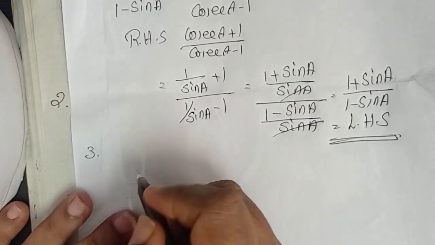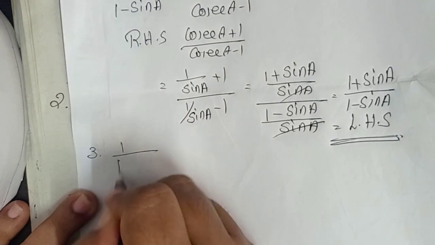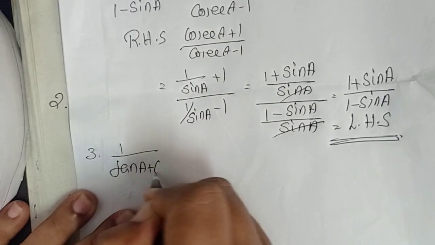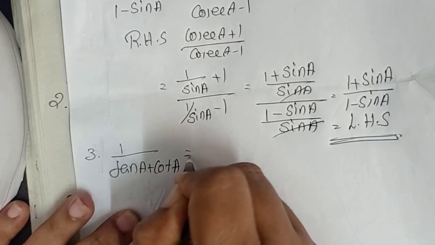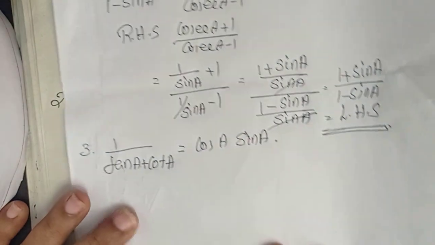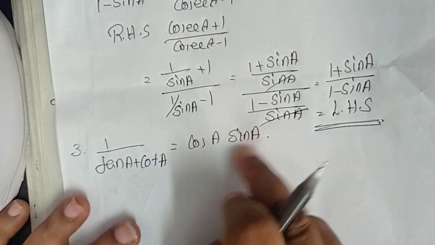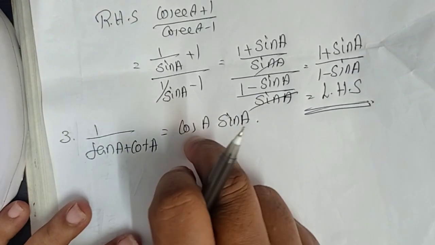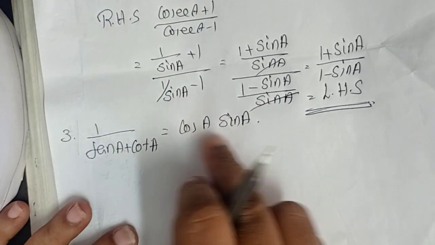Then third question, 1/(tan A plus cot A) is equal to cos A sin A. I already told you sin A and cos A are the lowest terms in trigonometry.